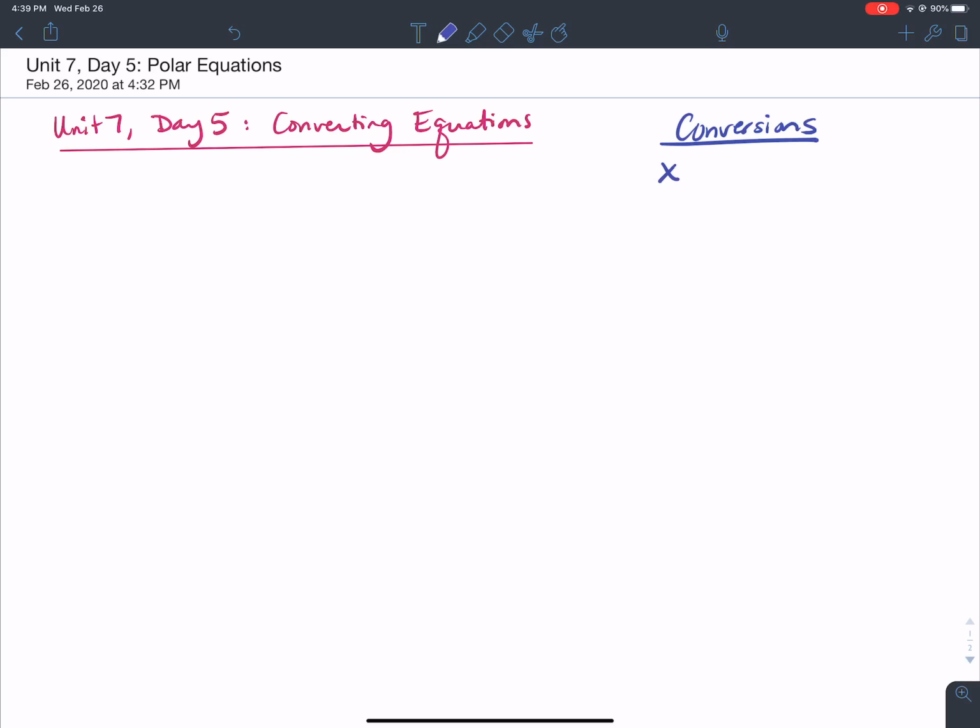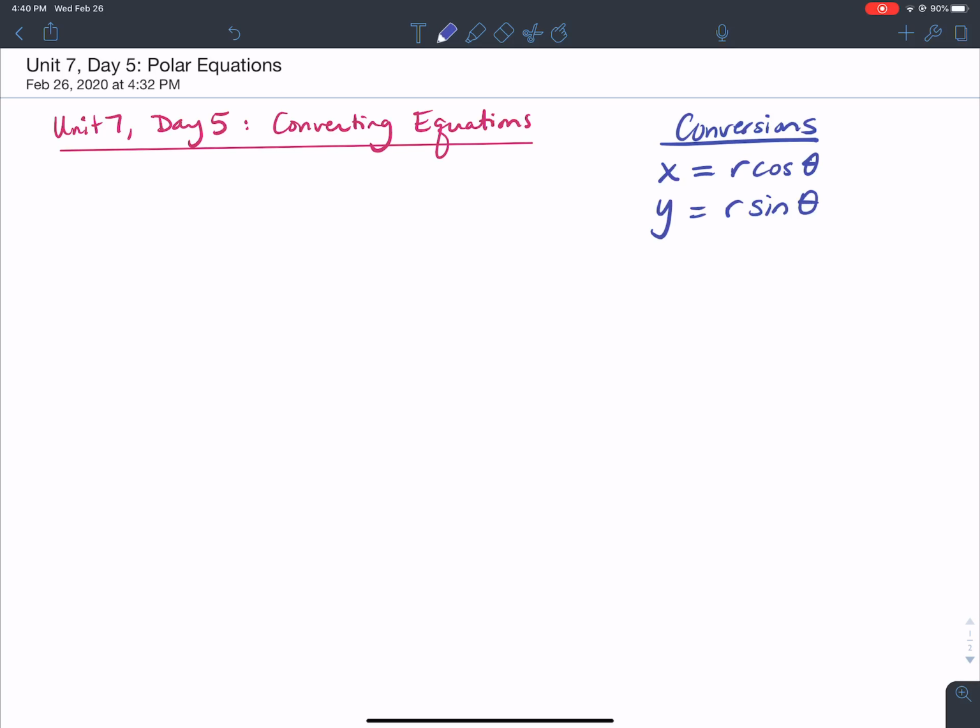So let's see, we learned that x is the same thing as r cosine theta. We use that for finding the x component of our vector, and we also use that to find the x coordinate of a point. We know that y equals r sine theta.